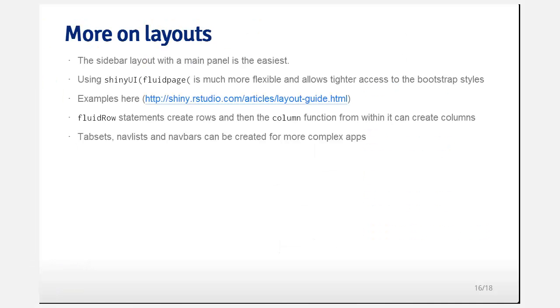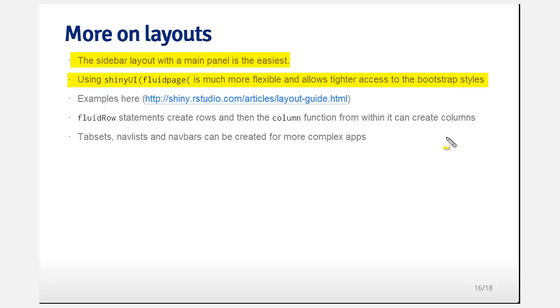Okay, so let's talk a little bit more about layouts. The sidebar layout that we've been showing is for sure the easiest. And then there's a more general layout, of which the sidebar layout is created via, the fluid page. It's a much more flexible style to use, and it's basically just accessing the Twitter Bootstrap styles.